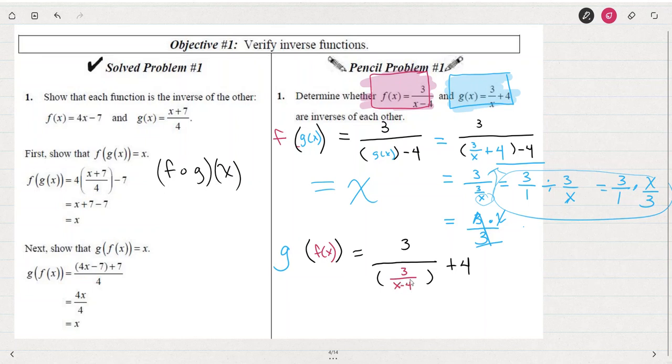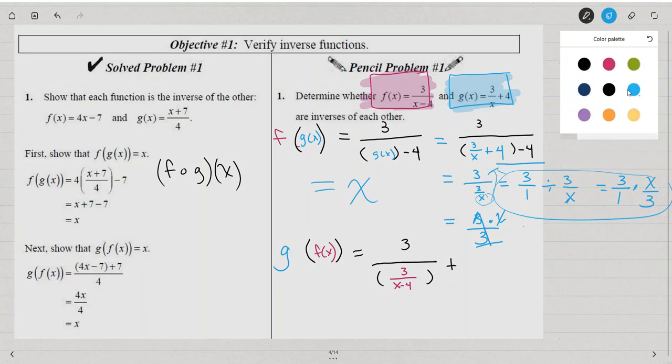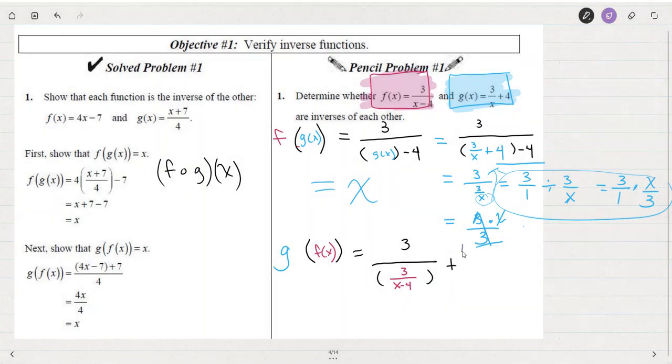A complicated, complex fraction. You're going to have to do a little bit of algebra here. I'm going to rewrite this 4 as 4 over 1. And there are a couple of ways we could simplify this. One thing I can do is multiply everything by x minus 4 over x minus 4.